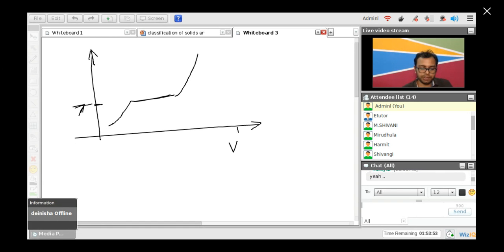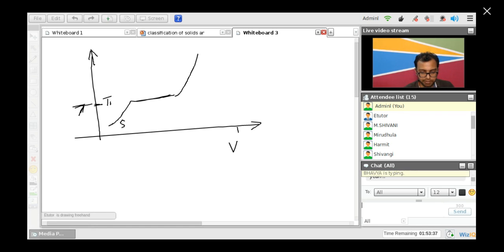So if you are observing the change of a state, then there will be solid state, and if you start heating a solid, the volume of the solid will increase, and at a particular temperature, this temperature is corresponding to melting point, right? So at melting point, you will observe that the temperature is not increasing, but the volume will increase.